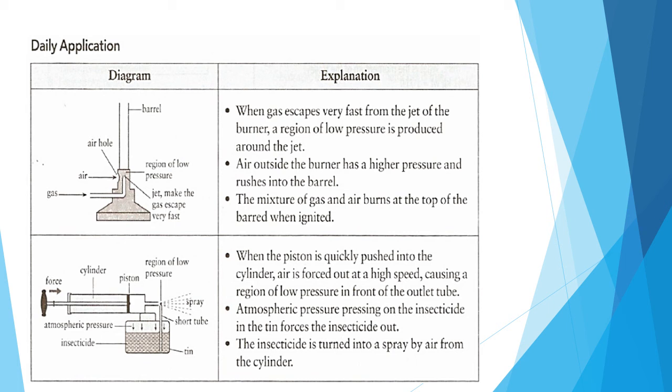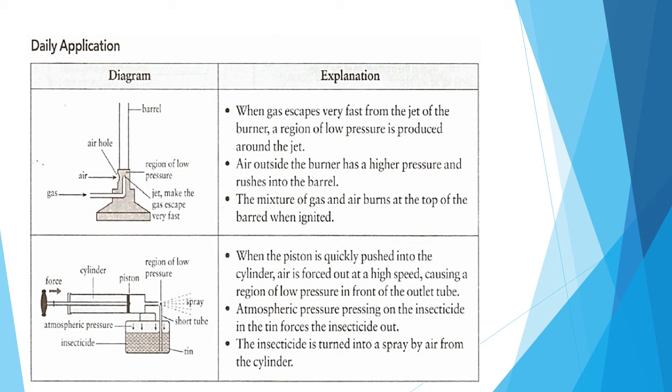Air outside of the burner is at higher pressure and rushes into the barrel, because at the end of the jet is a lower pressure, so the air from outside will be forced in. The mixture of gas and air burns at the top of the barrel when ignited. So this is how you can light up the Bunsen burner.